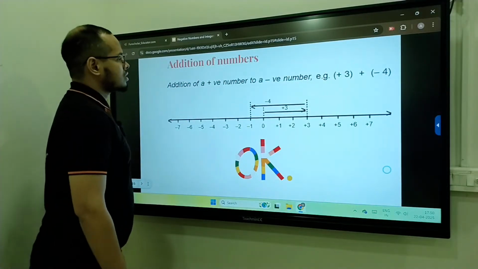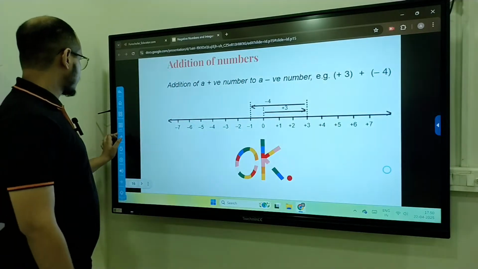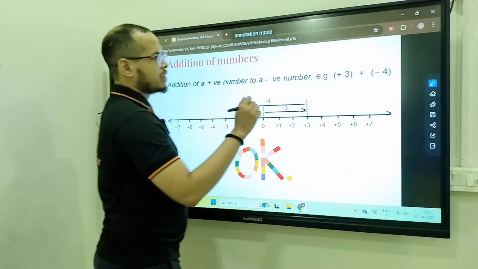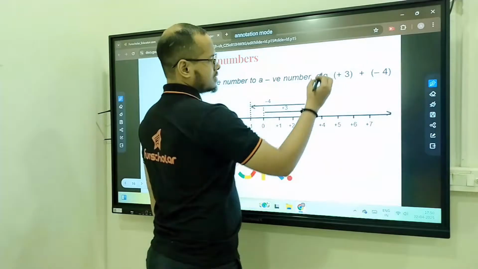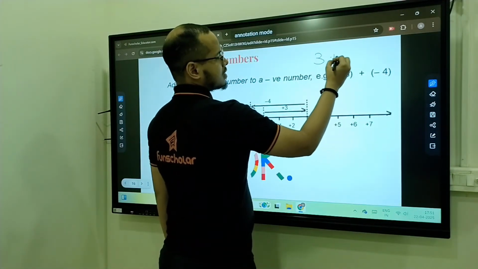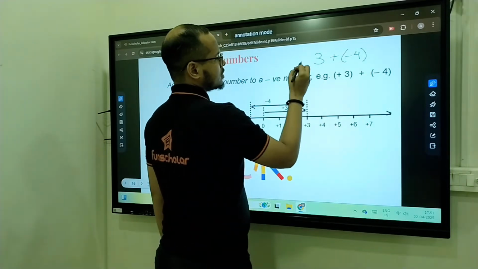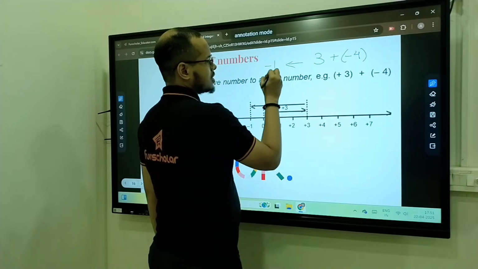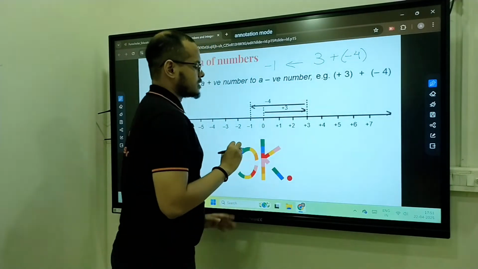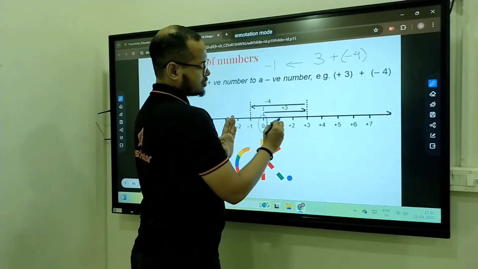Okay. Now addition of a positive number to a negative number. Let's do this. If I have a number that is 3 and we are adding -4 to it, the resultant number is going to be nothing but -1. But how did this -1 come? First, let's start from 0 again. From 0, I'm going 3 places to the positive side.